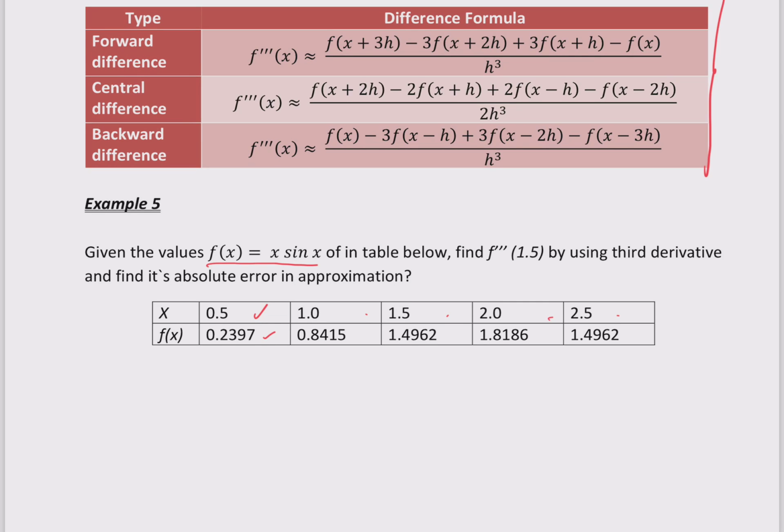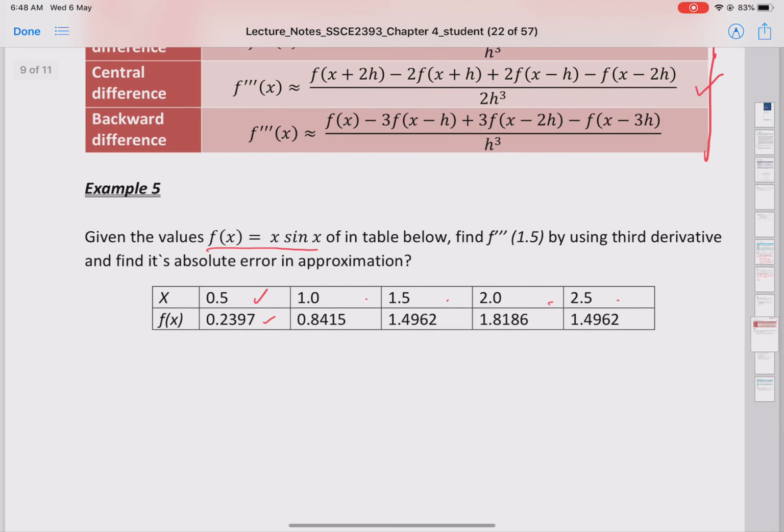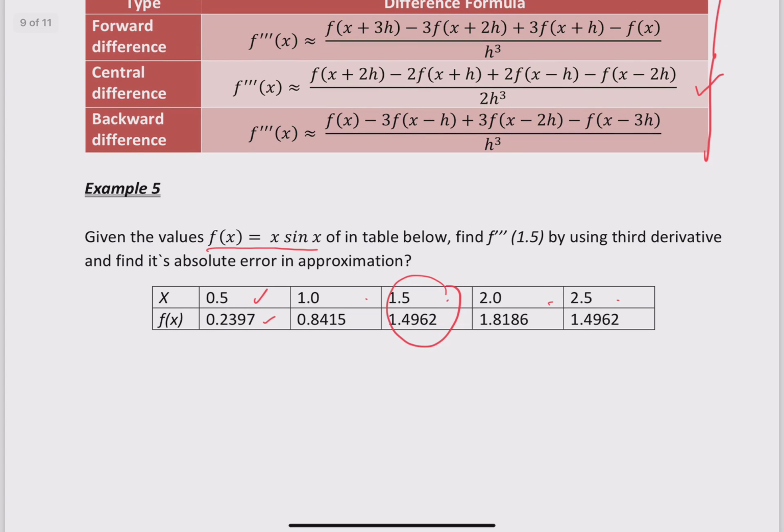So now let's say we want to use the central difference to find the third derivative. So the second one here, let's say we will use this formula. For this example, you are given the value of that function at 5 points.